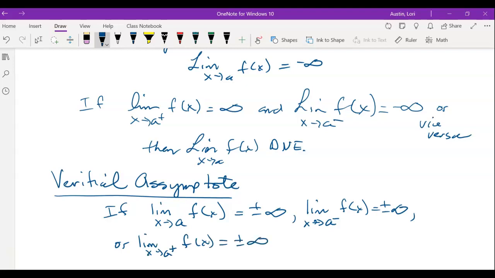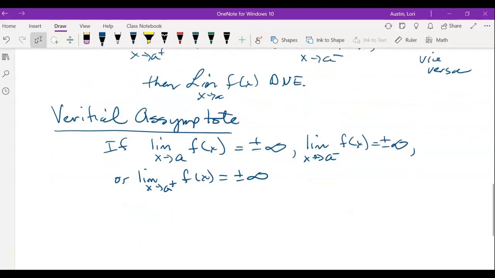If any of those occur, even if it's just coming from one side and not from the other side, that's what this is saying.